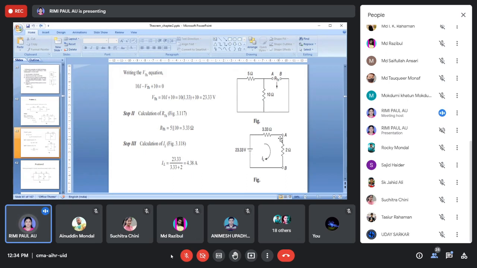So can we convert this voltage source into a current source? Yes or no? From this, can I convert a voltage source into a current source?